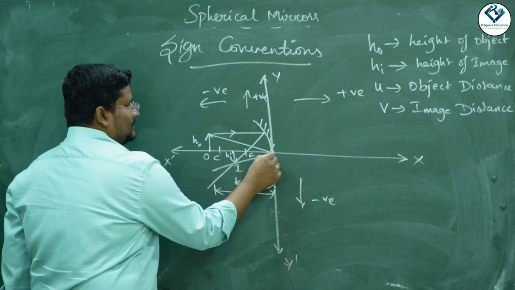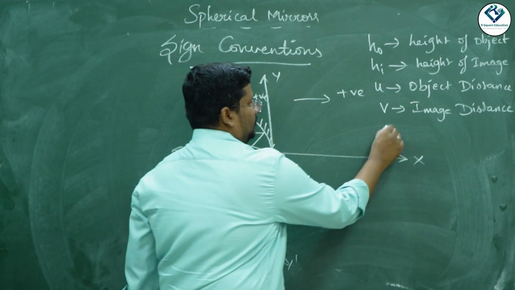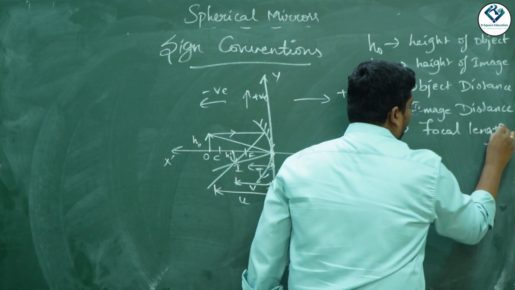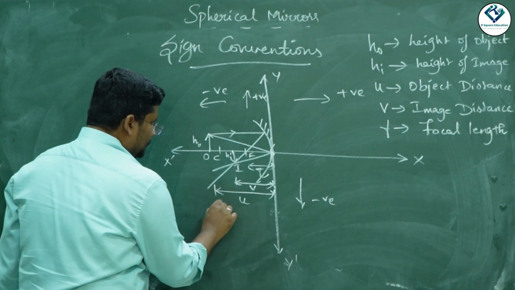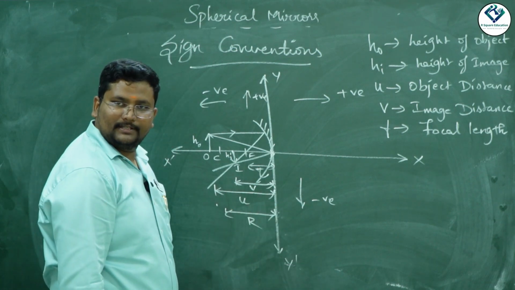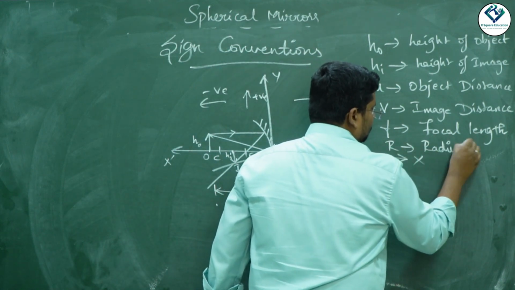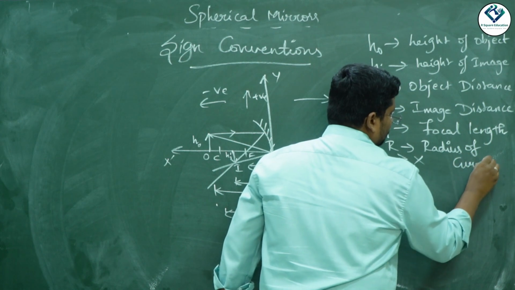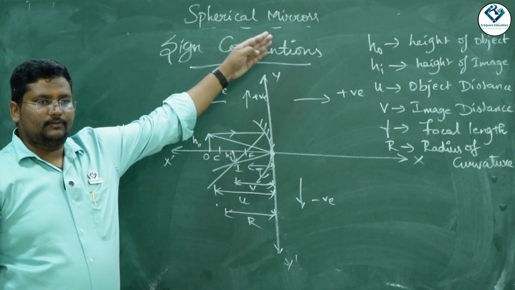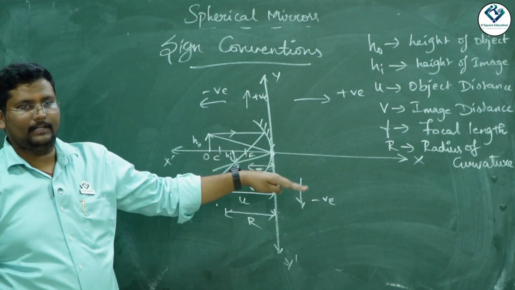And the distance between F and P we call the focal length, F. The distance between the center of curvature and the pole is considered to be R, the radius of curvature. So these are the parameters we are going to deal with: height of the object, height of the image, object distance, image distance, focal length, radius of curvature.